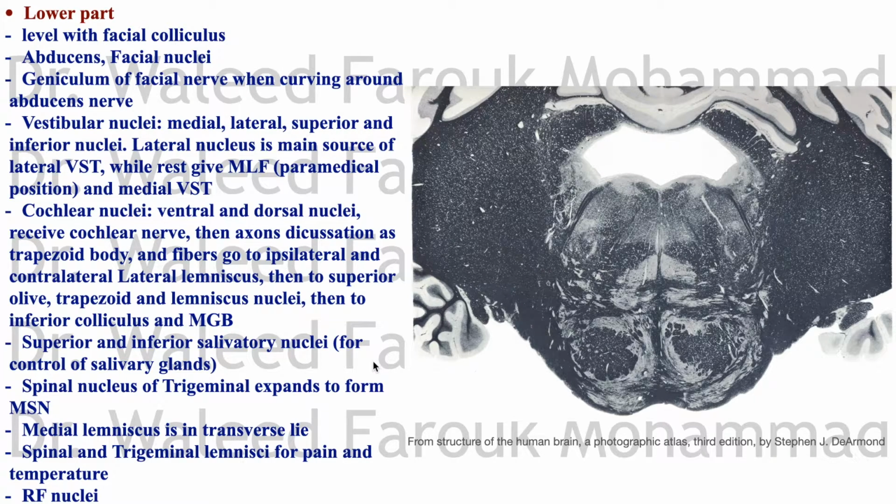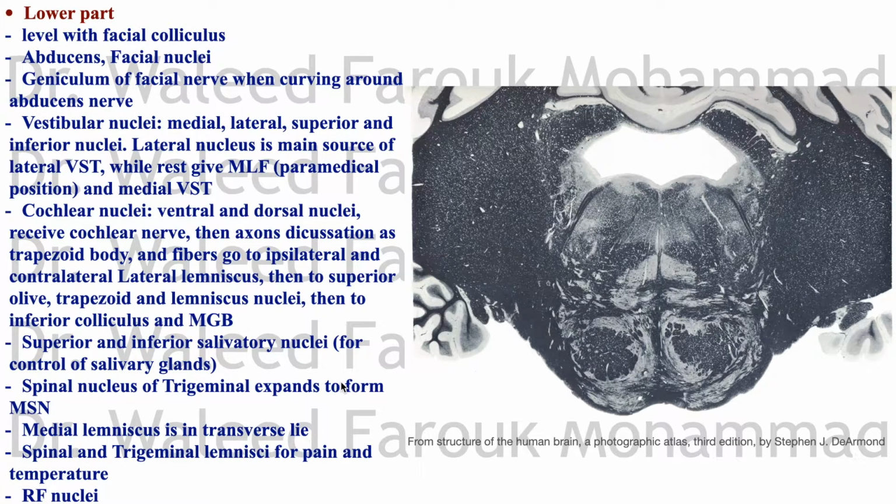Then from the superior olive and trapezoid nuclei and lateral lemniscus to the inferior colliculus, which is part of the auditory pathway, and then from there through the inferior brachium to the medial geniculate body or medial geniculate nucleus.